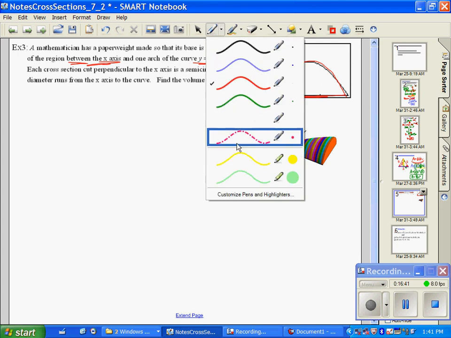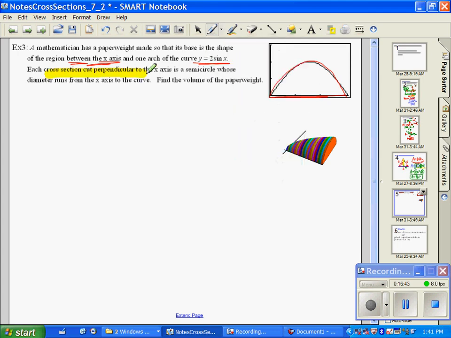It's also very important that you write down each cross section cut perpendicular to the x-axis is a semicircle. So we have the semicircle that's going to be dealt with this time, whose diameter runs from the x-axis to the curve. Find the volume. So take a second to get all that down that you need to get down. Again, if I go too fast, tell the sub to pause the video.